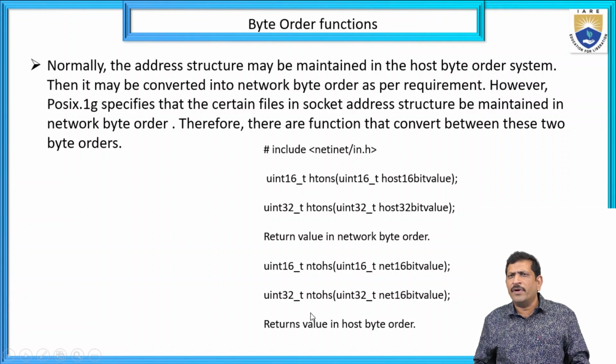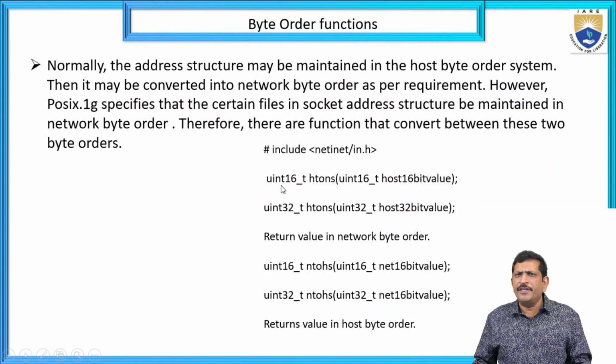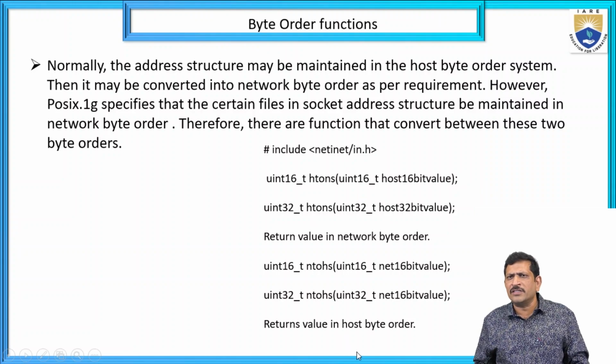These are the conversion functions. Here, conversion of an unsigned integer, for example, unsigned 16 bit host value. So by using these functions we can convert. Therefore, the functions convert between these two byte orders, that is from lower order to higher order or higher order to lower order.